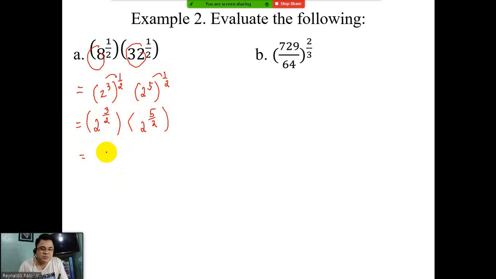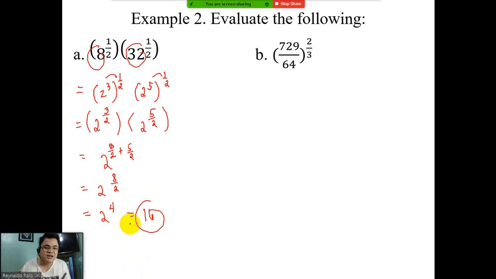Then we can now apply the multiplication law of exponents by keeping the base, which is 2, and then adding the exponents, 3 halves plus 5 halves. So 3 plus 5 is 8 over 2. Then 8 over 2 is 4. Then 2 raised to the 4th power is simply 16. This is now the final answer.